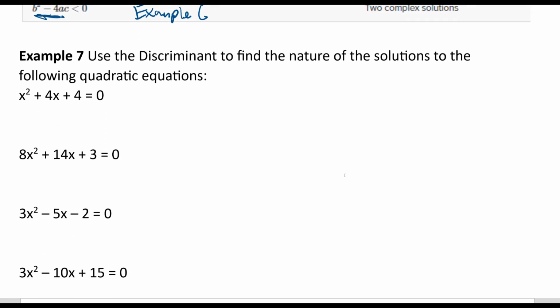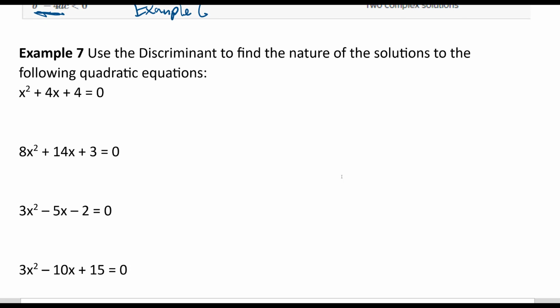So now this last little exercise is to use the discriminant to find the nature of the solutions to the following quadratic equations. So here a is 1, b is 4, and c is 4. And some of you are probably screaming at your screen right now saying, oh, I know exactly what that is. I could factor it in my head, but not everyone can go there. So just be patient.